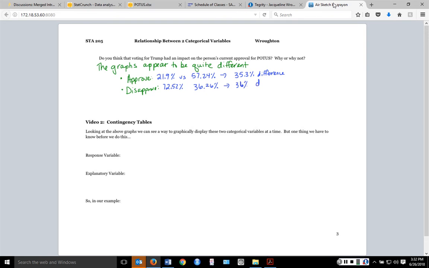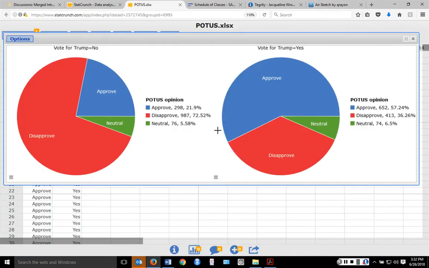So those are some pretty substantial differences. Notice I'm not really saying anything about the neutral. If I look at those first just graphically, they don't look very different. Number-wise, 5.5% compared to 6.5%, those don't appear to be all that different to me.